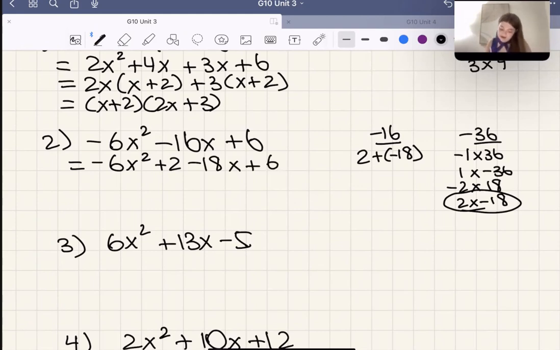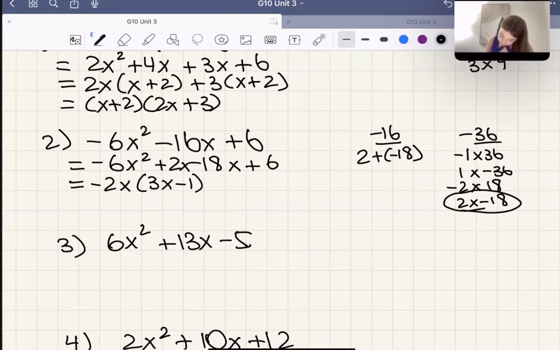And now we have something where we can partial factor, right? Or sorry, I shouldn't say partial factor. That actually means something different later on. But we can common factor the first two terms and common factor the second two terms, and then factor by grouping. So let's do that. This is equal to, let's see, negative 2x times 3x minus 1.